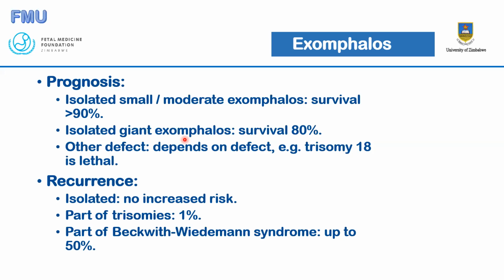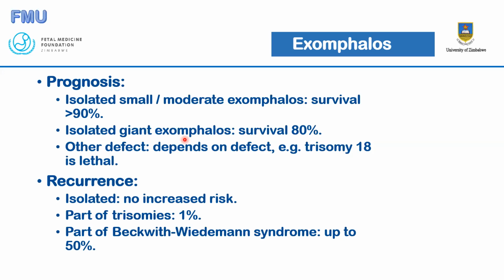So ruling out association is very important in terms of counseling the couple so that they are aware of the prognosis issues. Because if you tell the couple that survival is more than 90%, yet you have not ruled out trisomy 18 or 13, you are going to disappoint this couple because the babies will die from the complications of being trisomy 18 or 13.